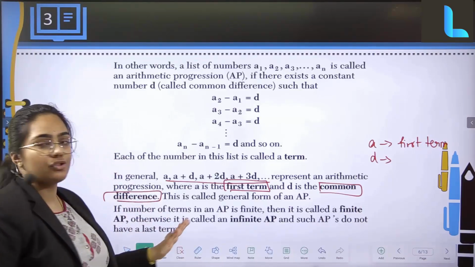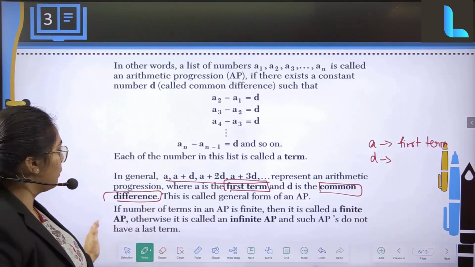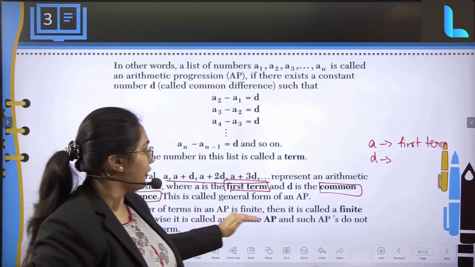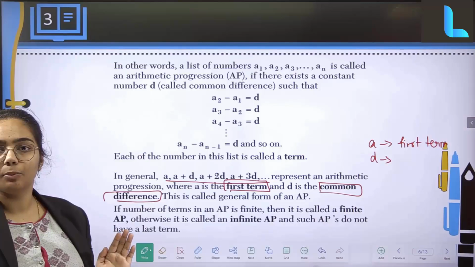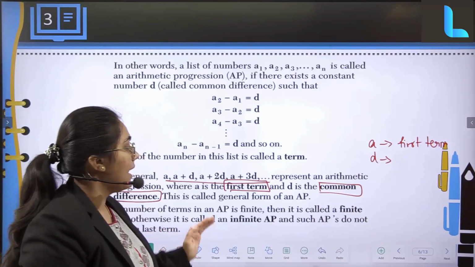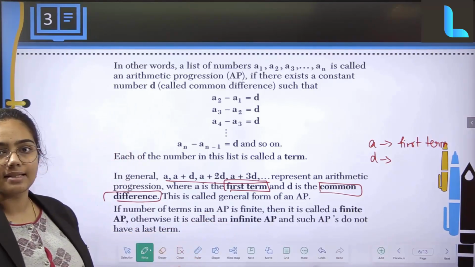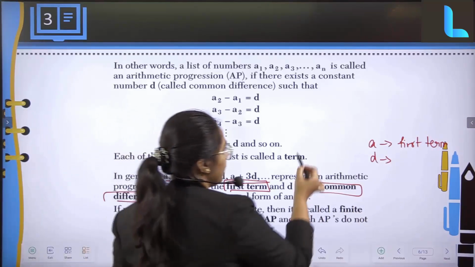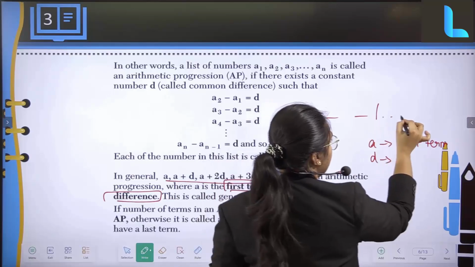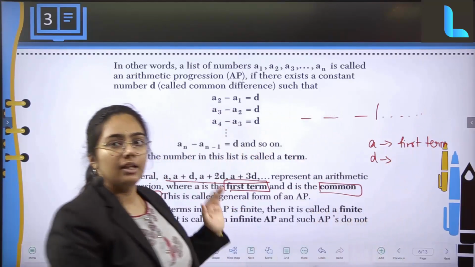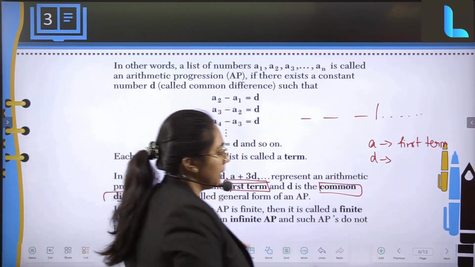This is called the general form of arithmetic progression. If the number of terms is finite, then it is called a finite AP. Otherwise, it is called an infinite AP, and such an AP does not have a last term. If after a point you have certain numbers and it stops, that is a finite AP. If it doesn't stop and it goes on, that is called an infinite AP.